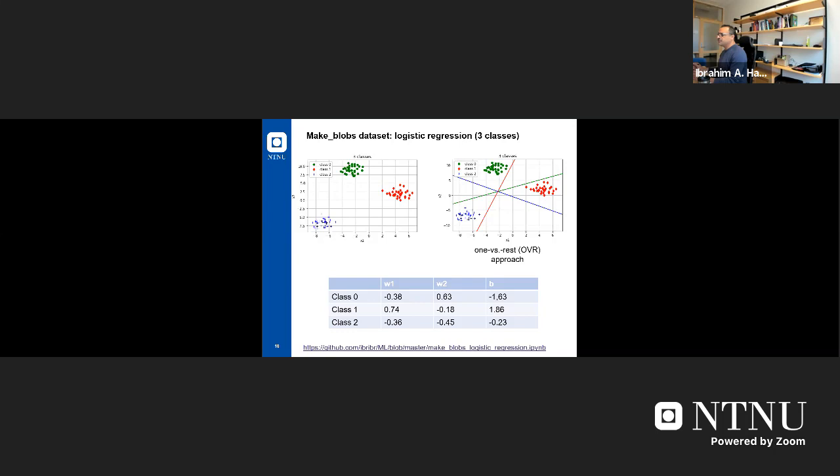So in this case, for example, for the green one, we deal with it as a class, and the rest will be just the rest. So it will be converted into a binary classification problem. For the red one, of course, we will do the same. We will try to find a decision line using this model to classify the red class as one and the rest as the rest. So we call it OVR, or one versus rest.